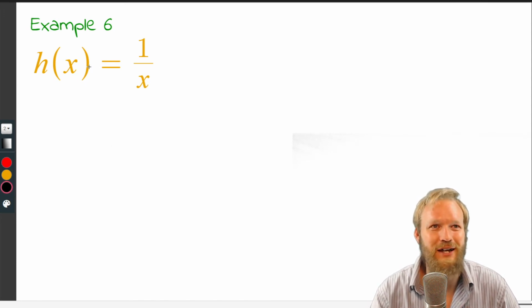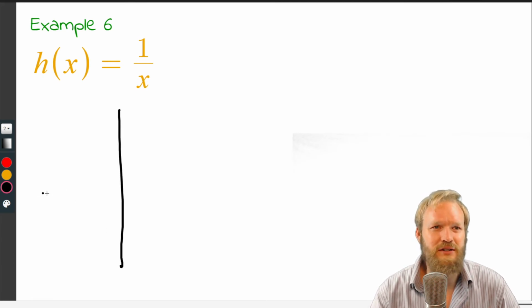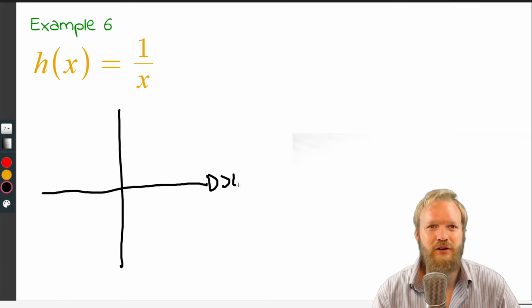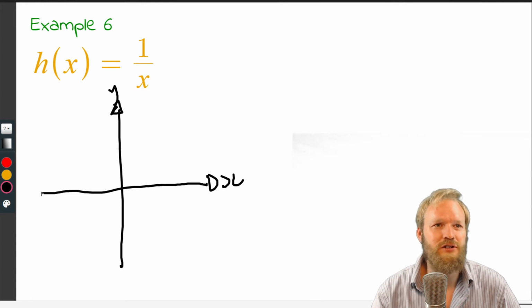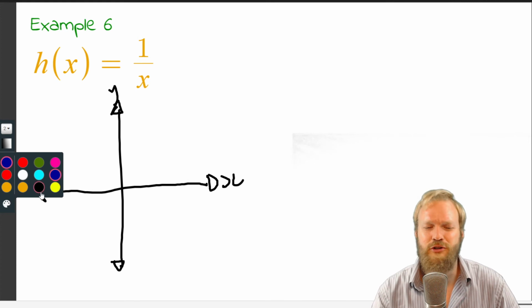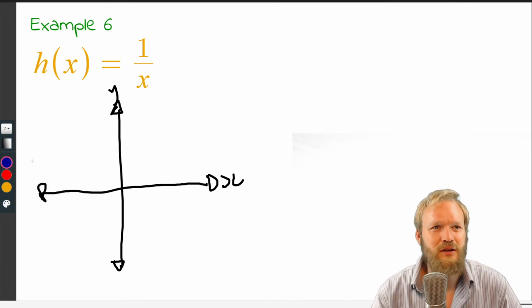A little bit scary. h of x equals 1 over x. Oh, I remember these. These were hyperbolas. So, there we go. Now, with hyperbolas, there were all sorts of things going on. This most basic standard one was in the first and the third quadrant.